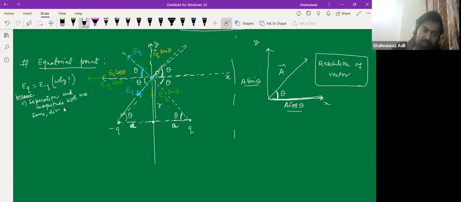Direction is opposite. So only direction is opposite, but magnitude is equal, right? So how can we figure that out? Because what is the separation between this point and this point? What is the separation? And what is the separation between this point and this point? Can you guys tell me what is the separation?